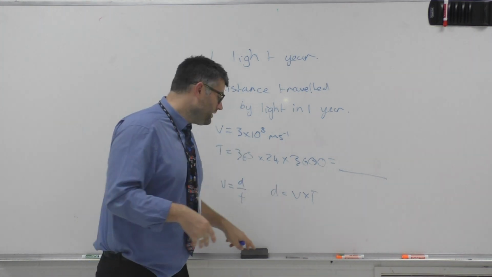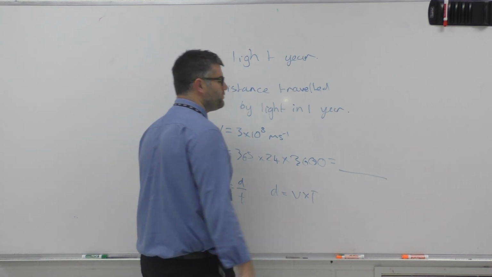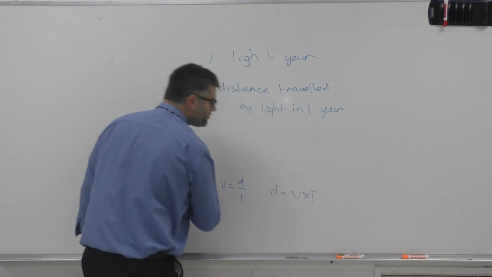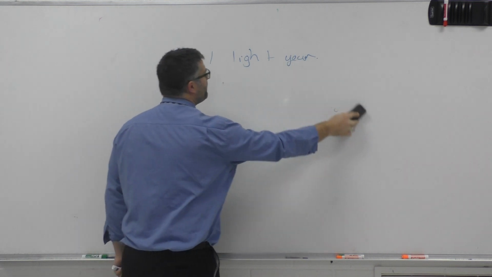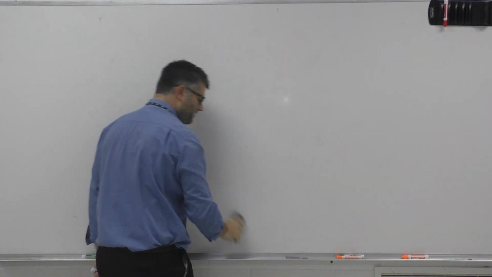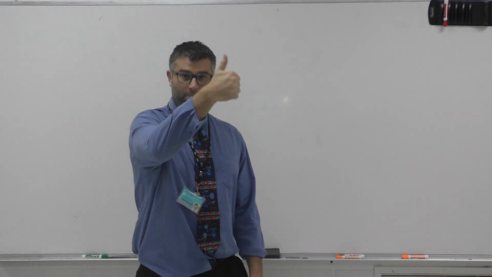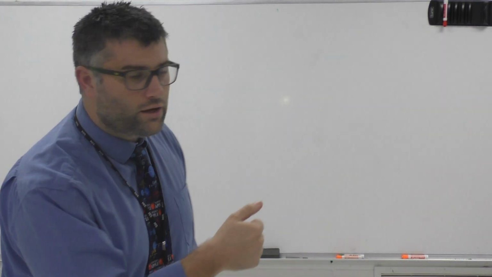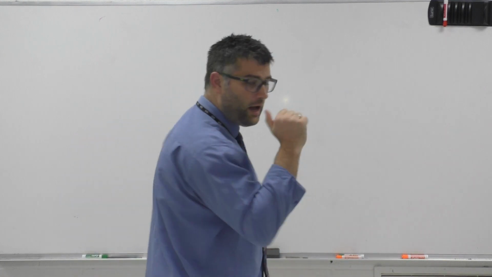But we can go to another unit that's useful as well. Now, in order to explain this unit, we need to actually introduce your thumb. This is a great method. Your thumb is a great indicator for showing how the parallax method of distancing stars works.